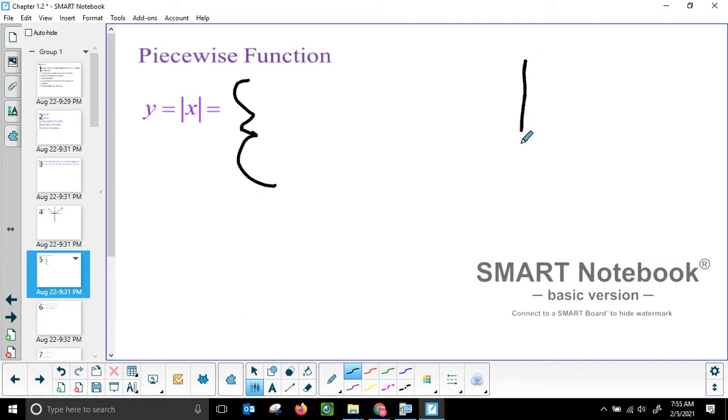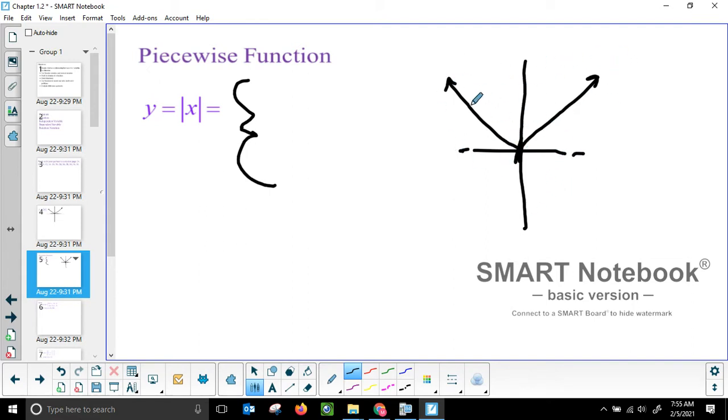So again, if we think of that absolute value function, looking like a V, we can break it up into two different pieces. We can break it up right here at the origin. So this will be one piece, this will be another piece.